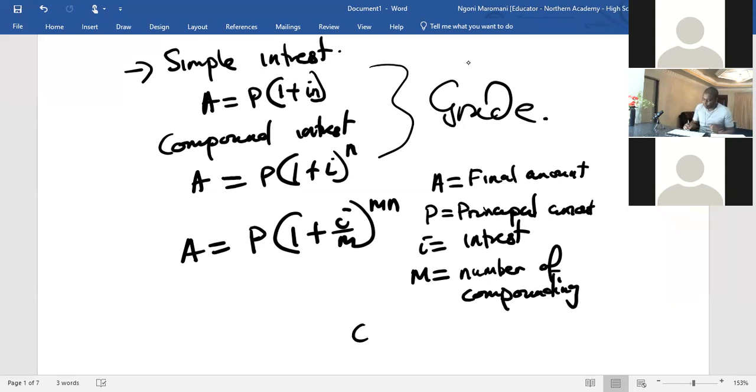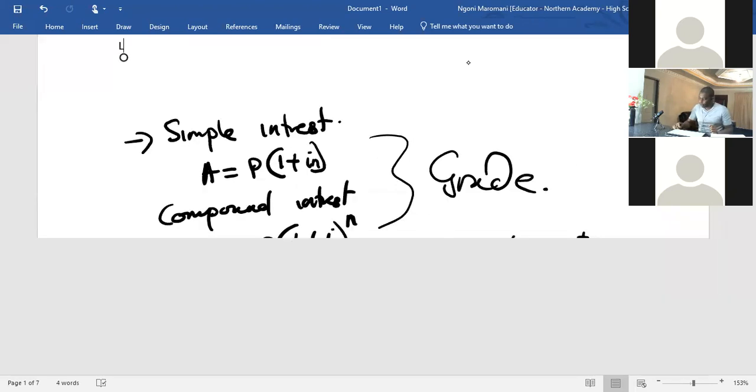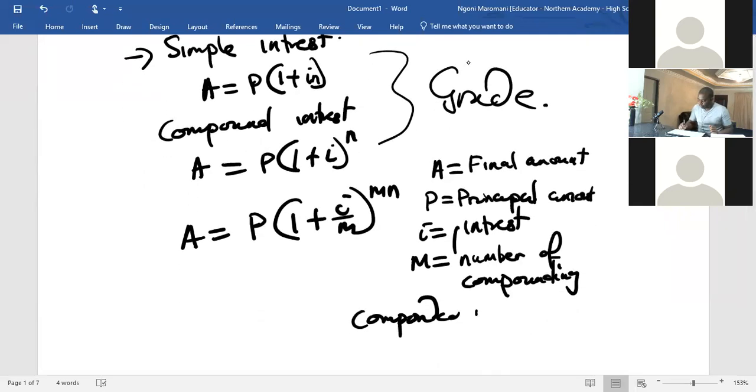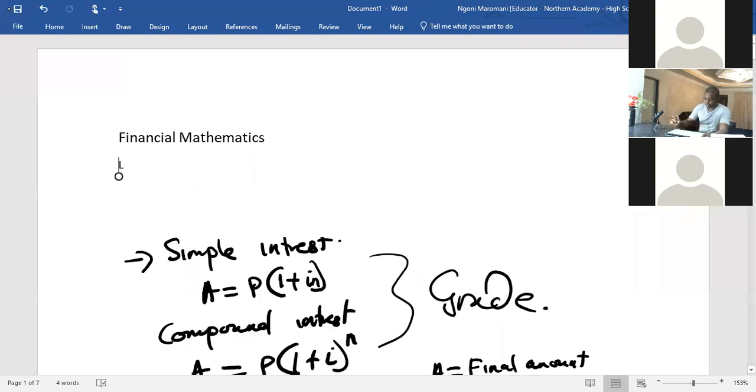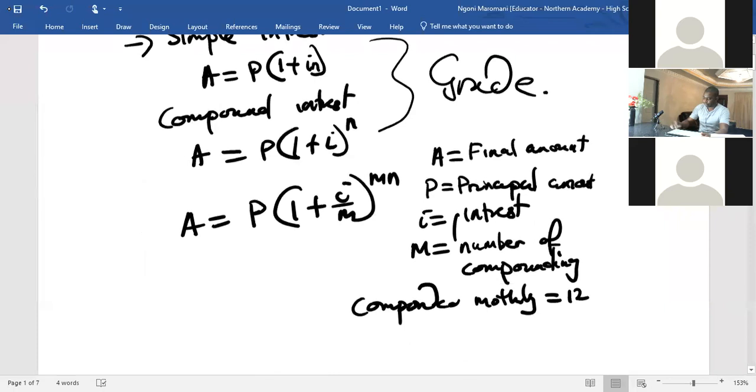So, for example, when it's compounded monthly, what's our m? It means m equals 12. Then when it's compounded half yearly, m is 2. When it's compounded daily, what's our m? 365. Right.